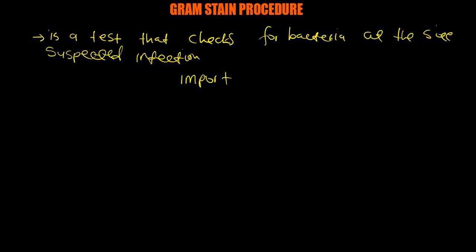What is the importance of performing this Gram stain procedure? Sometimes it's not just for treatment, it's also for study, so that this knowledge can be added for further treatment. The purpose is to discover, let's say, a new species, because we'll be able to know the type of bacteria and its character.